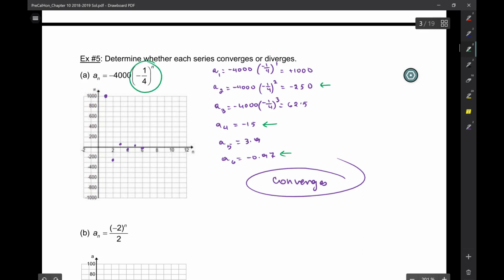Here we have some negative term raised to an exponent, which will alternate sign. Because if you have negative to the power of 1, it's negative. Negative to the power of 2, it's positive. 3, it's negative. 4, it's positive.